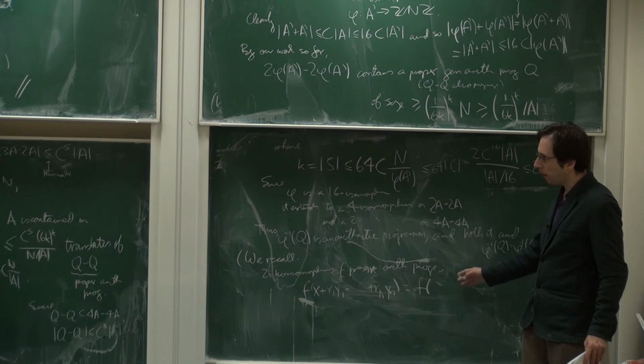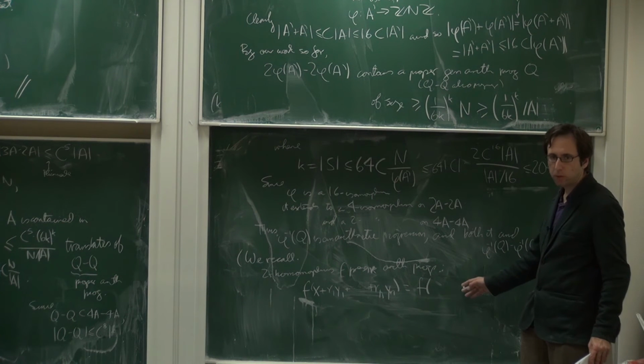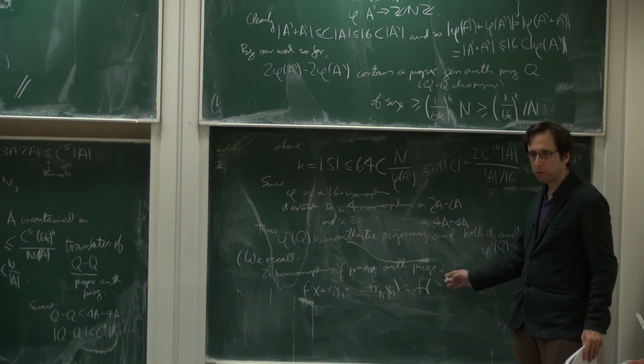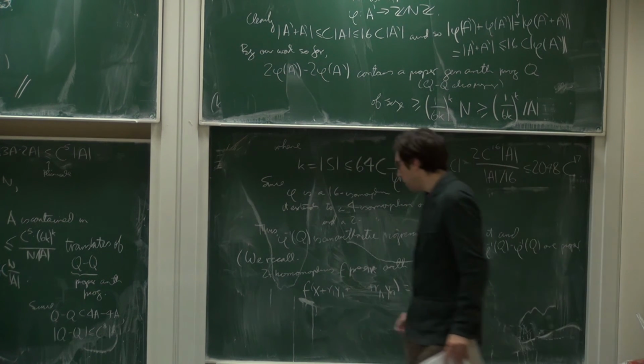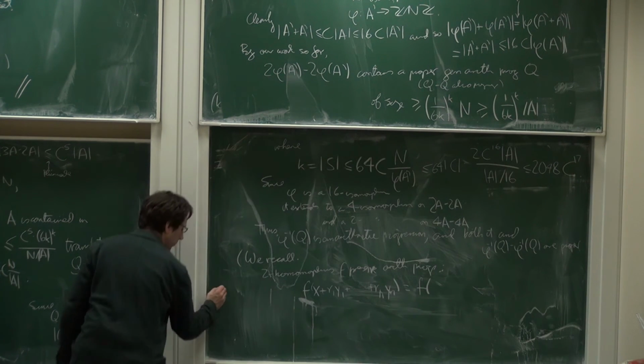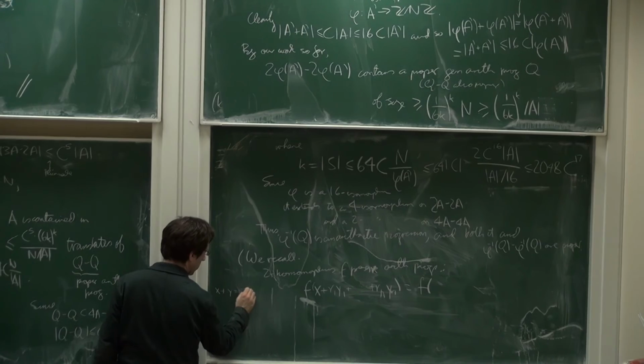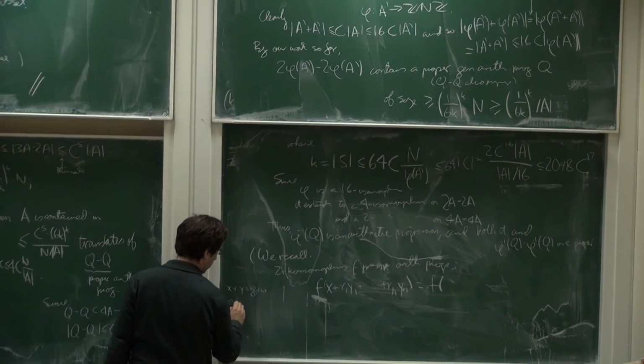I was reminding you of how 2-homomorphisms preserve arithmetic progressions. So 2-homomorphisms, I remind you, are maps such that x + y = z + w implies f(x) + f(y) = f(z) + f(w), something like a + b = c.